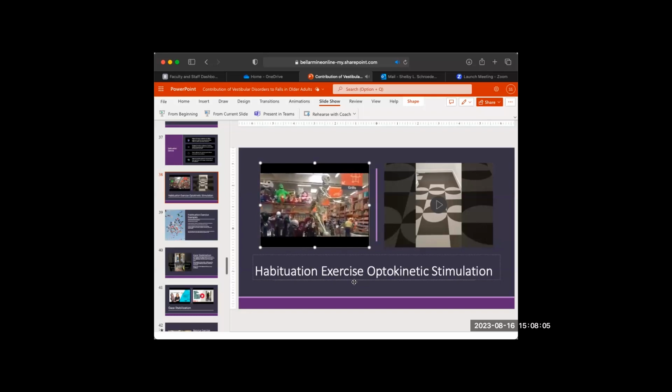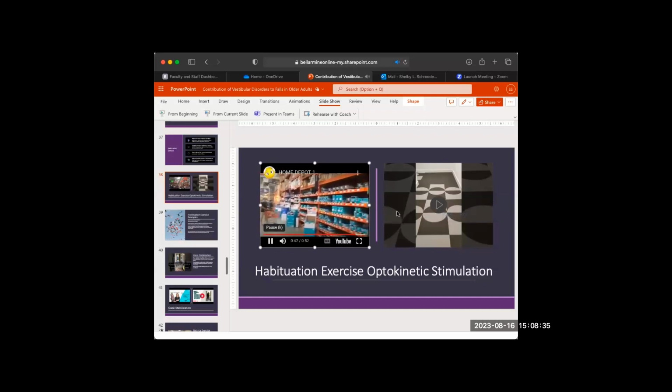This might make them mildly or moderately dizzy, but if they got to a point where they're severely dizzy or have a bad headache or they are nauseous, then they would be instructed to stop watching at that point. So we just watch to a point of tolerance, and then we build up that tolerance. And the idea is that it translates to real life. So you get the idea there.